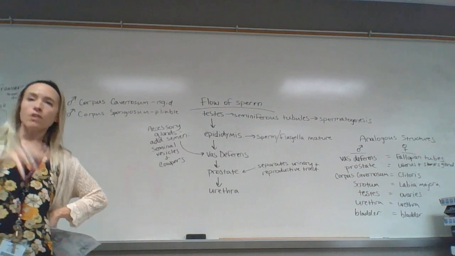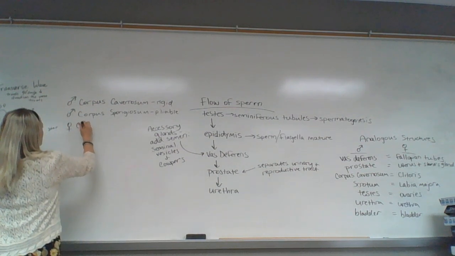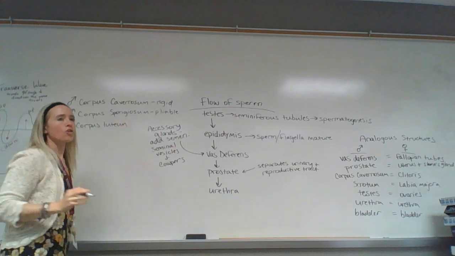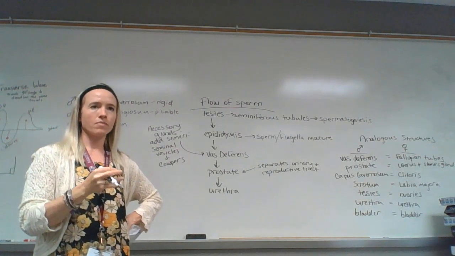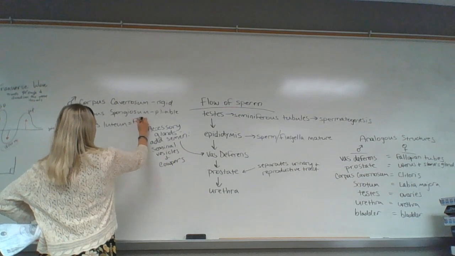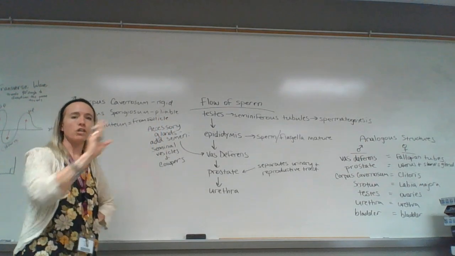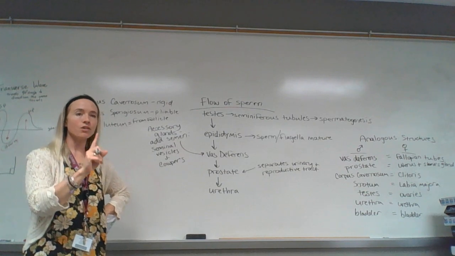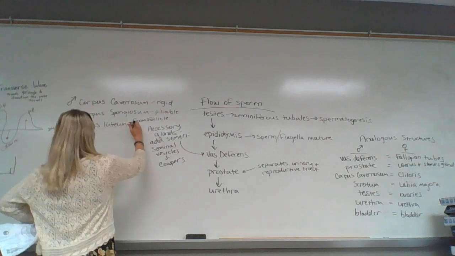Then in females, there is the corpus luteum. The corpus luteum is what the follicle in the ovary turns into. So it came from the follicle, and after ovulation, after the egg is released, the follicle turns into the corpus luteum, and you need to know that it begins to make a hormone called progesterone.